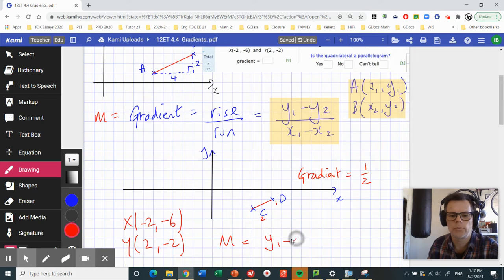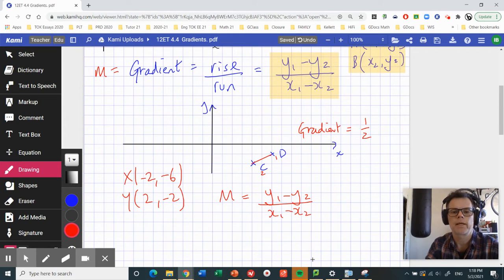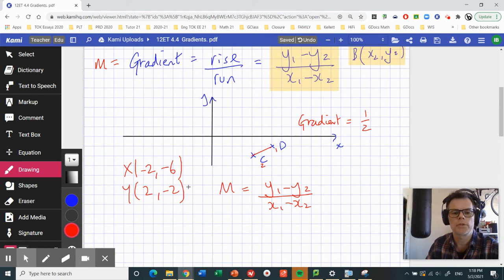m is y1 minus y2, the difference in the y values, divided by the difference in the x values. As long as we're consistent, we can choose one of these to be x1, y1, and the other to be x2, y2. I'll choose this one as x1, y1. Let's mark it up.